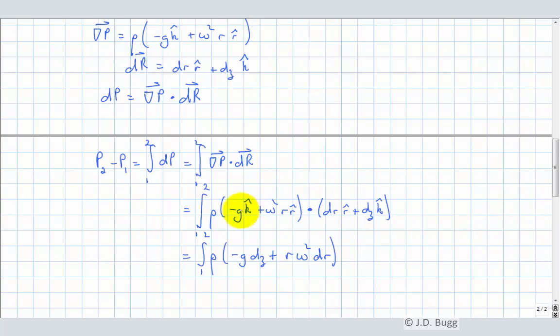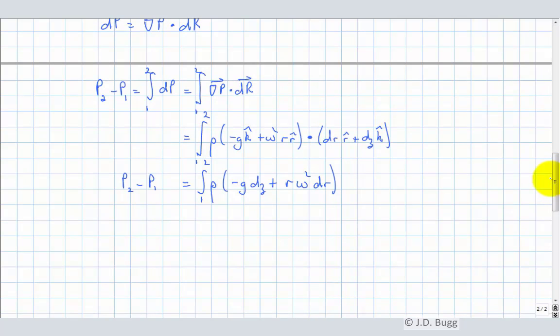Now notice, that's a vector, but we've taken the dot product so the result is a scalar. There's no unit vectors in this anymore. It's just a scalar quantity, P2 minus P1. And again, this point 1 and 2 can be any 2 points in this problem as long as they're in the same fluid.